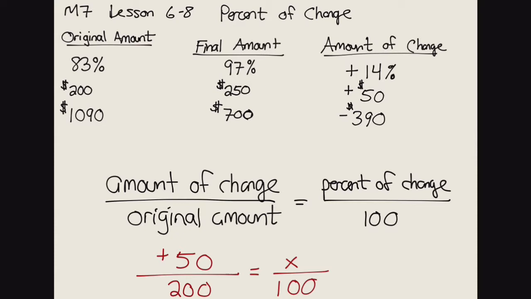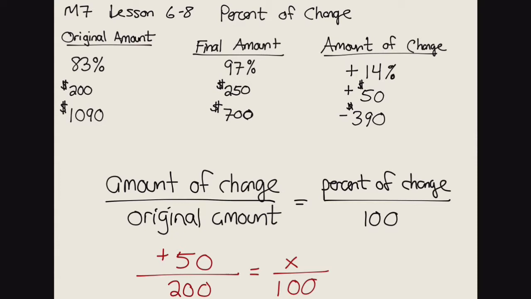What we're looking at is purely the change. Did it go up or did it go down compared to the original amount? So in theory, yeah, we did use the final amount, because that's how we found this. So we use these 2 pieces of information to find this, and then we use this and this in our equation to find the percent. So every problem is really 2 steps. You look at the 2 numbers here to find change, and then you use the change to find the percent of change.